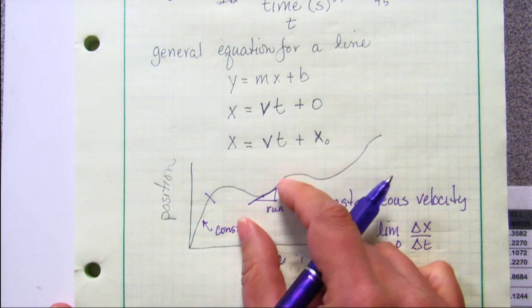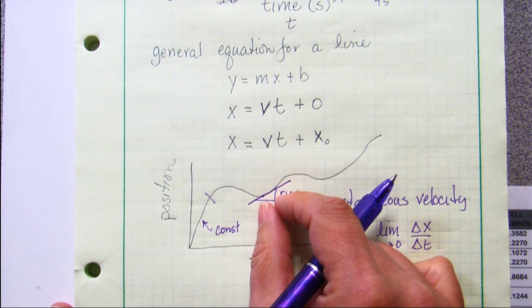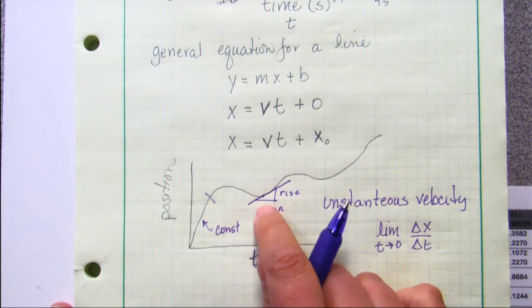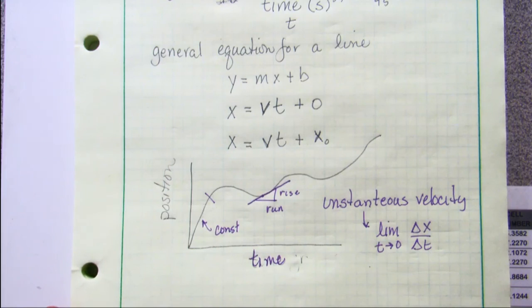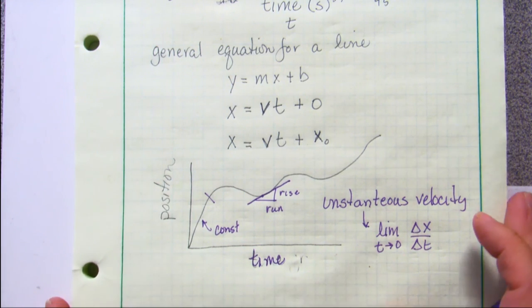Because what we're doing is we're looking at a narrower and narrower part of this in order to come up with that instantaneous velocity. So we can have an instantaneous velocity, still in meters per second.